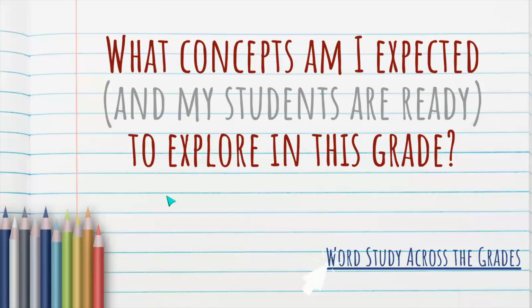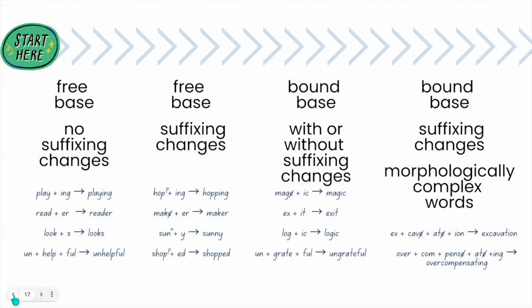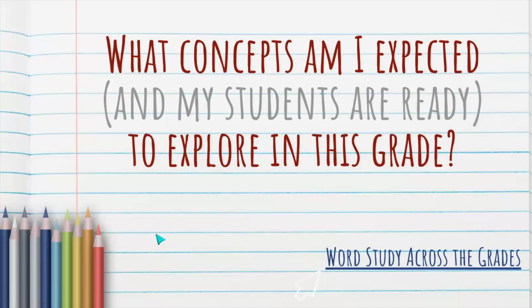So the next layer of this, once you've had a chance to process this continuum, is, what am I expected to do in this grade? Now, those of you that are in 4, 5, 6, your kiddos might not be ready to talk about some of the concepts in the curriculum as listed. So you're going to go back in the grades to find out where they're at.